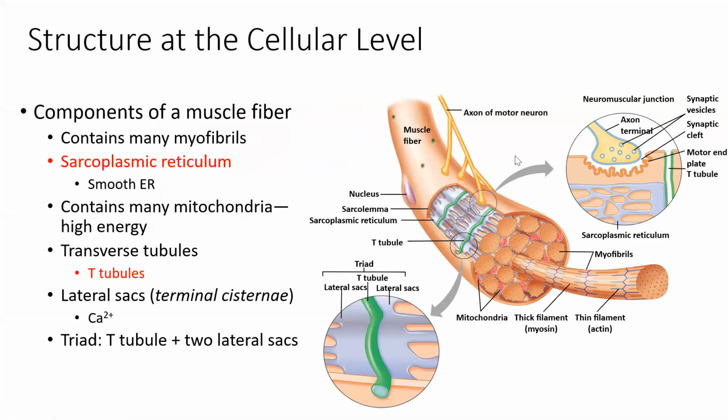And if you look at the periphery of the cell, underneath the sarcolemma or the plasma membrane here, we also see a couple other structures that are really important for muscle contraction. So there are transverse tubules. These green structures are called transverse tubules, or T-tubules for short. And they're really important as it pertains to the conduction of the action potential, or the end plate potential as we've described it, okay?